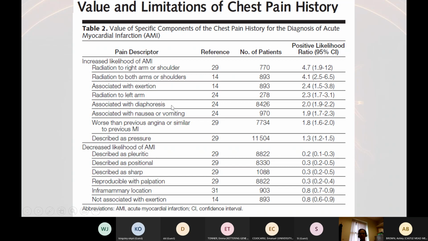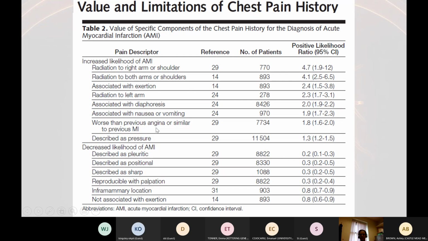The other important and useful features are that it's associated with diaphoresis, associated with sweating, and associated with nausea or vomiting. These are really useful, and they double the positive likelihood ratio of it being cardiac. So when you see somebody with pain you think is cardiac, ask about radiation, but also ask about these associated symptoms, because they will very commonly be there, whereas with costochondritis you don't expect them to be present.